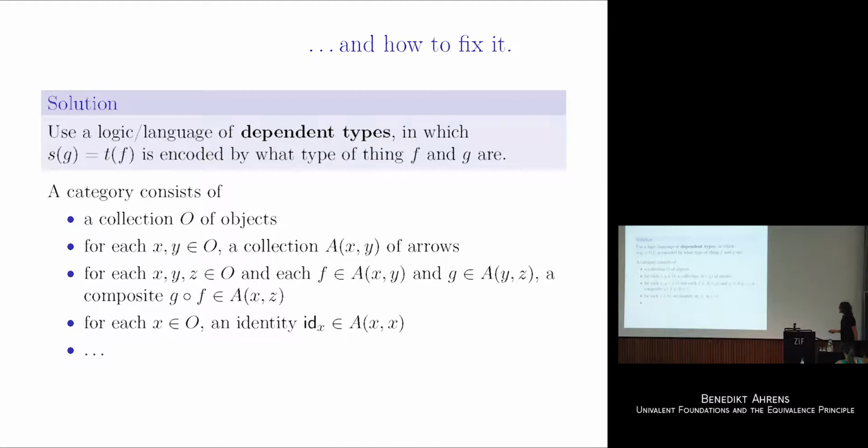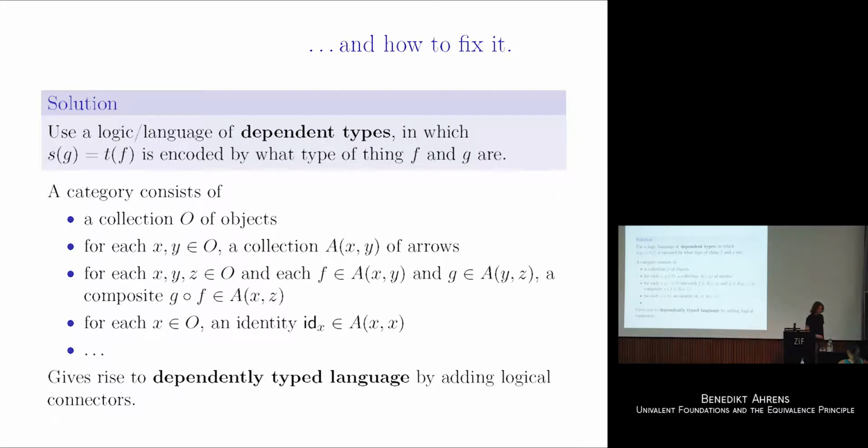And similarly, this dependent collection also encodes the source and target of the identity arrows, in the sense that for each object x, we postulate the existence of an identity arrow in the collection A x x. That means the identity arrow will automatically be an arrow from x to x.